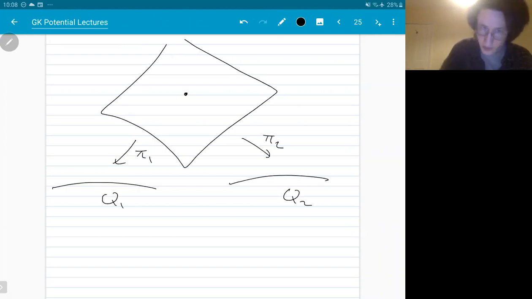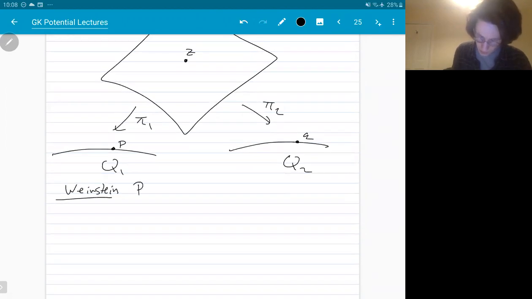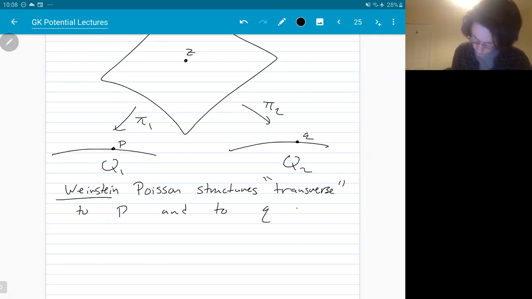If you take a point Z, which goes to P and goes to Q, what Weinstein shows is that the Poisson structures transverse to P and to Q are isomorphic.